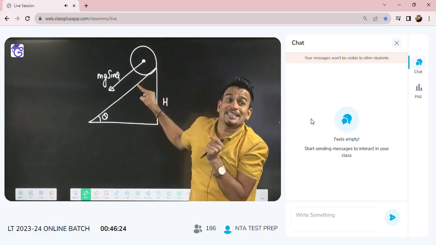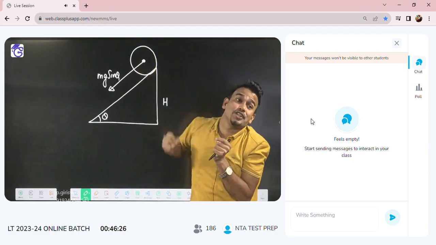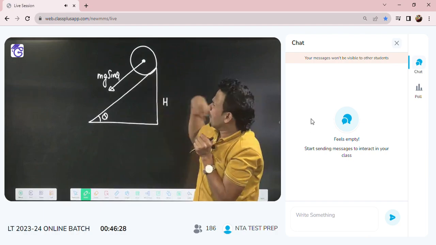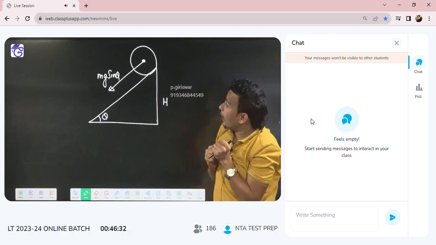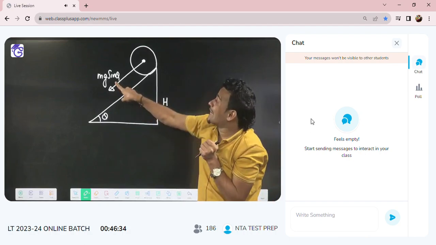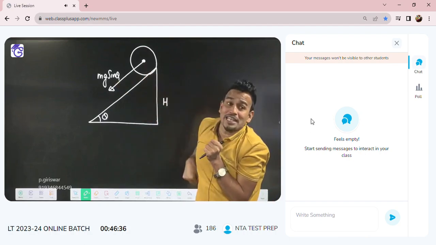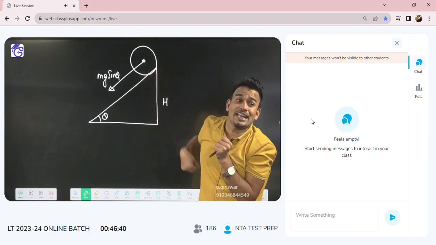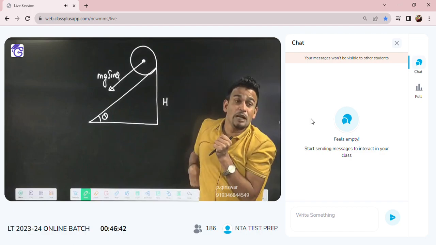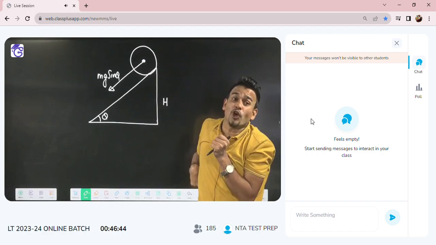Due to mg sin theta, you will get some translational motion. But tell me, does mg sin theta give any torque about the center?